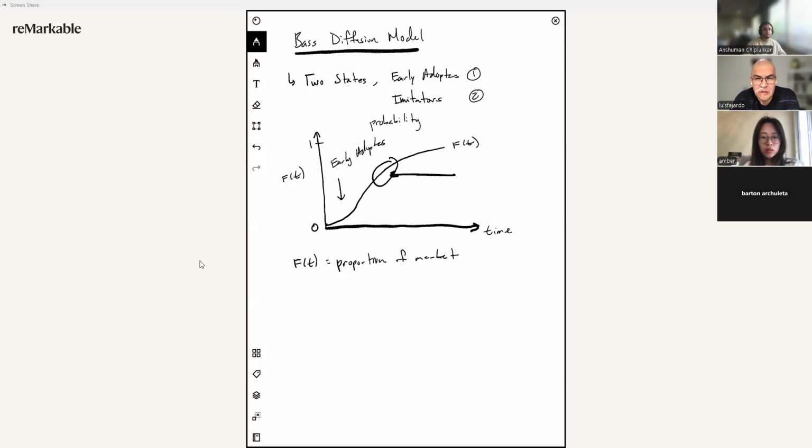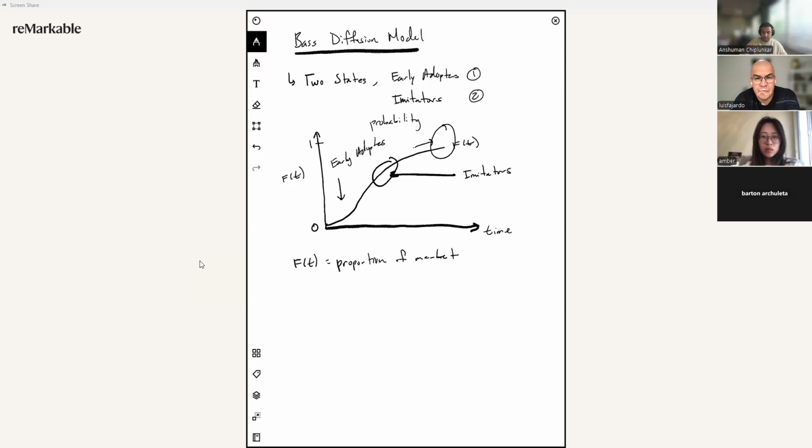The imitators? Yeah, these are going to be your imitators. And when you get up here, you don't have anybody left in the market. So when you hit 1, what we're saying is you got 100% of the market. You don't really have early adopters or imitators anymore. You got them all.